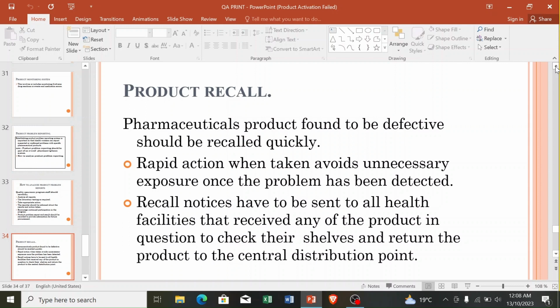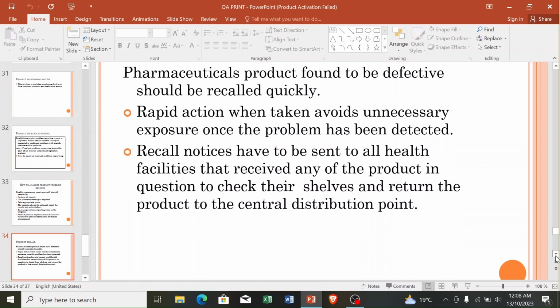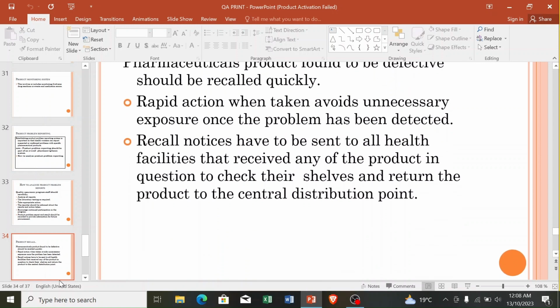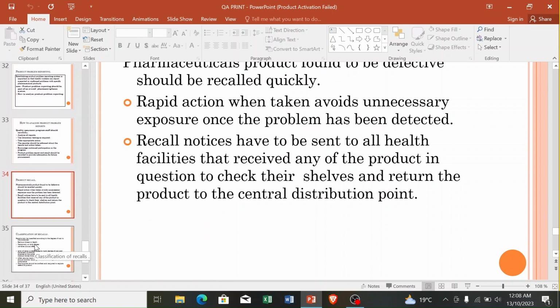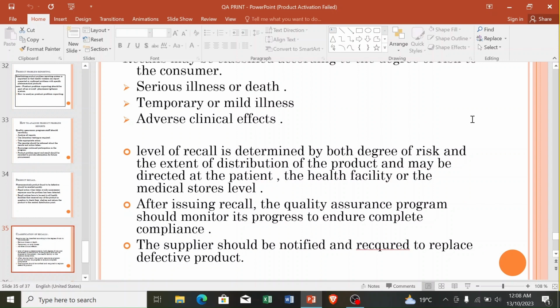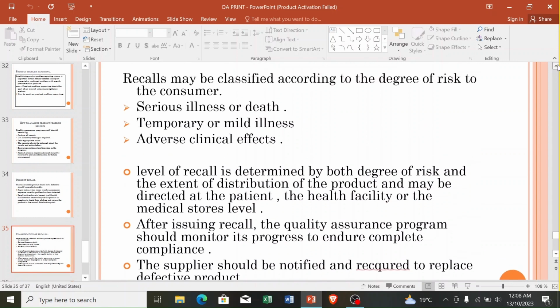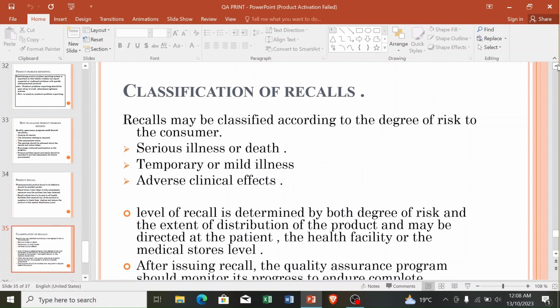Recall notices have to be sent to all health facilities that received any of the product in question, to check their shelves and return the product to the central distribution point. So in case we have a problem with the medicine, there is no need for patients to keep consuming the medicine. We have to recall the medicine back to the manufacturing unit.